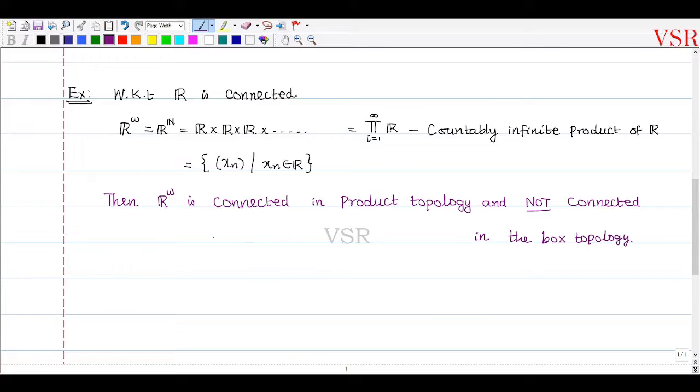Note that here we are giving an example. The theorem says: let the X alphas be all connected, then an arbitrary product of connected spaces is connected in the product topology. But I am giving an example.